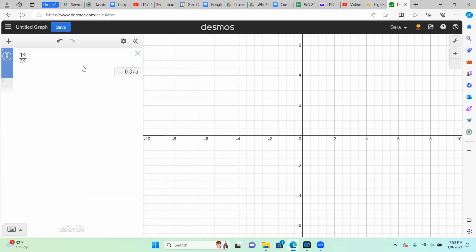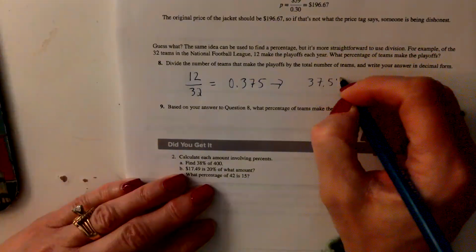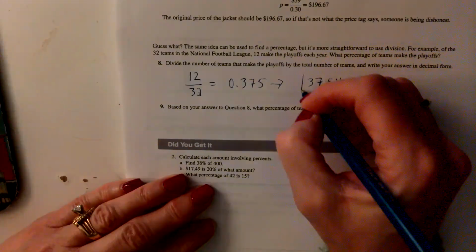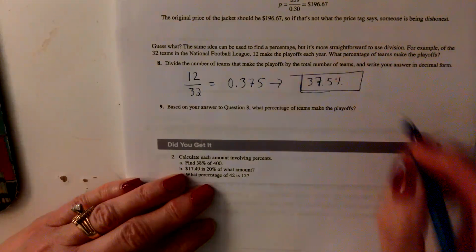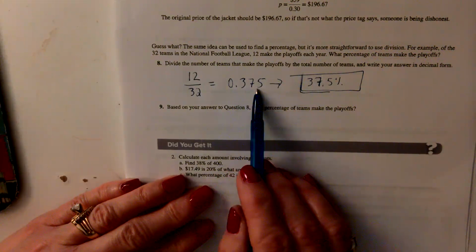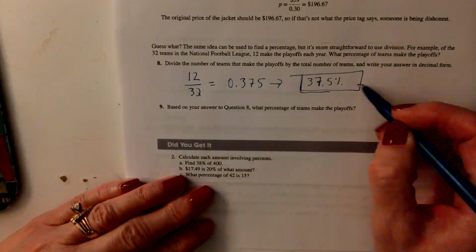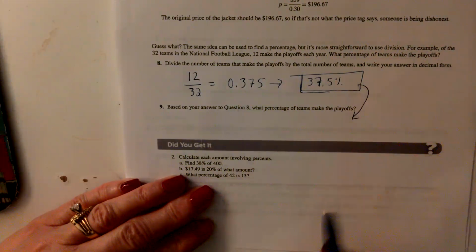It's 0.375. And that's the same as 37.5%. So there it is in decimal form. Based on your answer to question 8, what percentage of teams make the playoffs? Well, I already answered that up there, 37.5%.